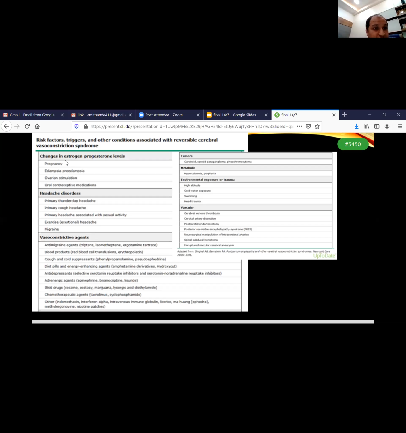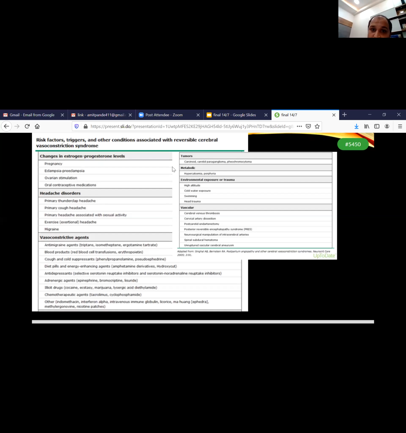It is seen in pregnancy when there are changes in estrogen and progesterone levels, eclampsia, pre-eclampsia, ovarian stimulation. It is seen with headache disorders, primary thunderclap headaches, primary cough headaches. When vasoconstrictive agents are used, the anti-migraine agents, blood products, RBC transfusions, cough and cold suppressants, antidepressants, illicit drug use of cocaine, ecstasy, marijuana, and LSD, chemotherapeutic agents like tacrolimus and cyclophosphamide.